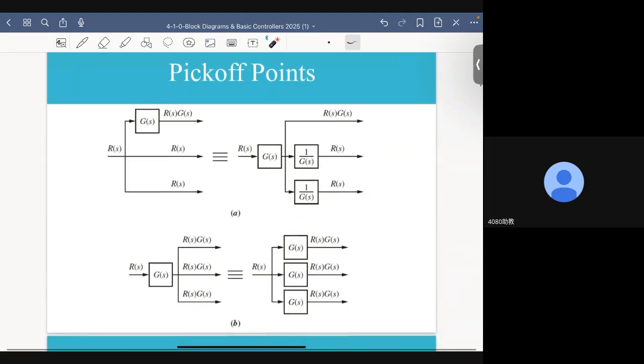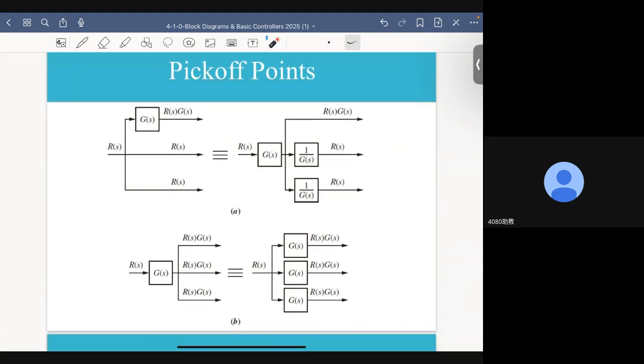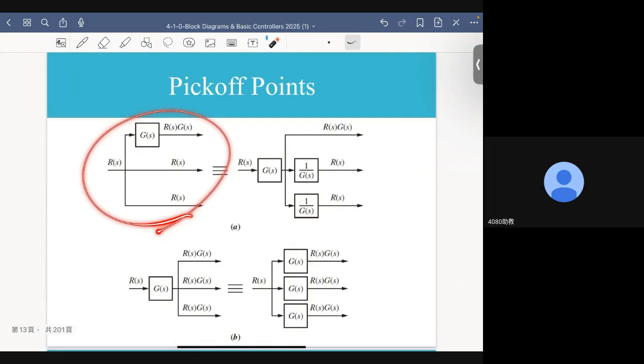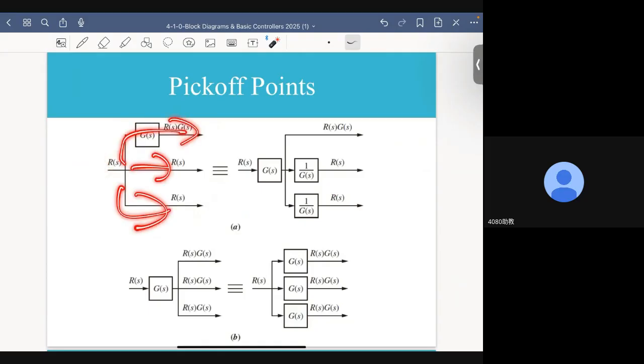Okay, now, here I want to introduce a concept which we refer to as pick-off points, okay? Which means that, let's say this is the original signal flow of a control system. You have input signal R and it goes down into three different paths, okay?